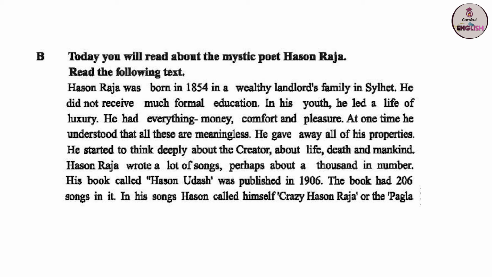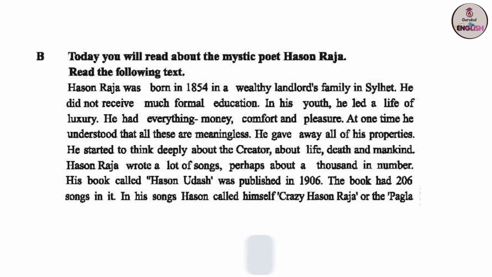Hason Raja wrote a lot of songs, perhaps about 1,000 in number. His book called Hason Udas was published in 1906. The book had 206 songs in it.